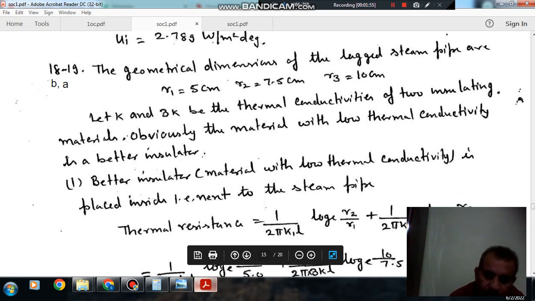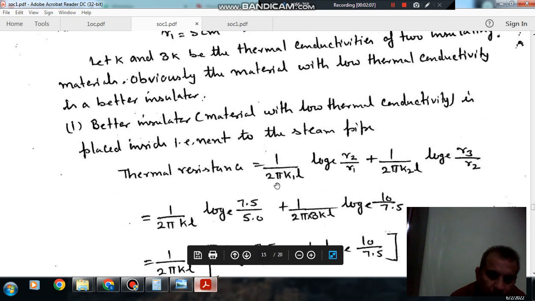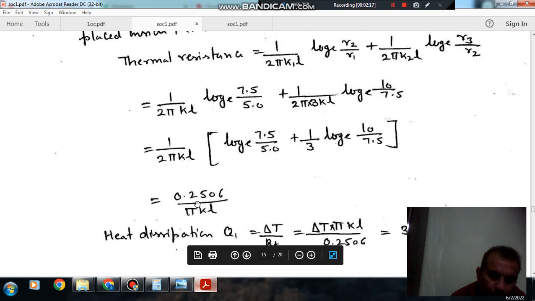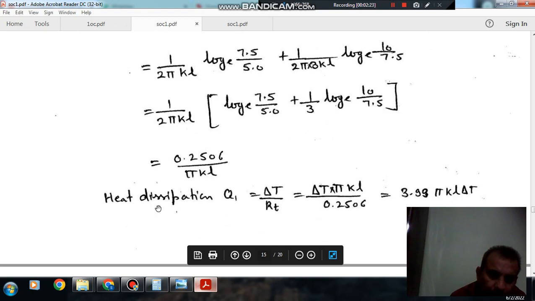The other insulator is placed outside, with thermal resistance log R3 by R2 times 1 by 2 pi K2 L, where K2 is 3K. Putting in the values of K1, K2, R1, R2 and R3, the thermal resistance is 0.2506 by pi K L. The heat dissipation is temperature difference divided by RT, so it will be 3.99 pi K L delta T.